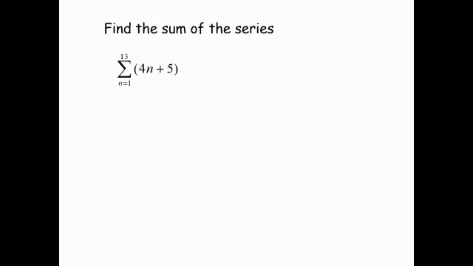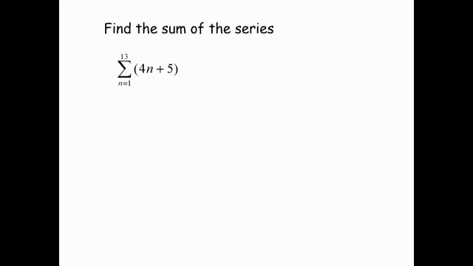Okay, so next one, find the sum of the series. It is a series, but we call this one sigma. Sigma n is equal to 1 to 13, 4n plus 5. This is a series format. From this one you have to make the series.